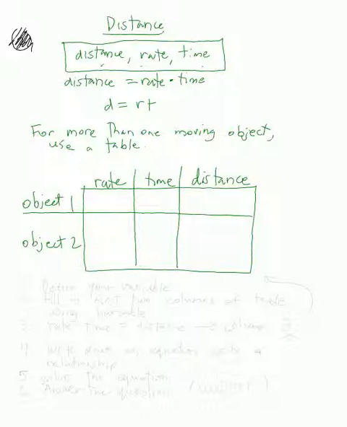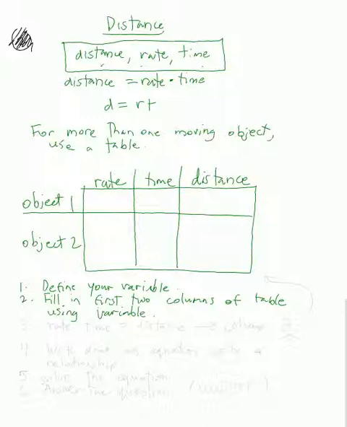So what are the steps going to be for distance problems? Well, for any problem really that uses a table, step 1 is always going to be to define your variable. Step 2, fill in the first 2 columns of the table using the variable and nothing more.